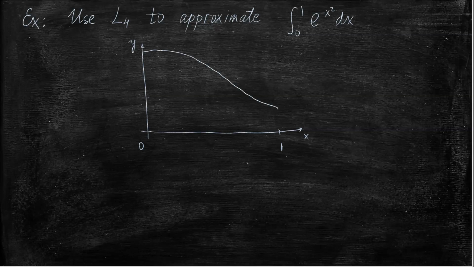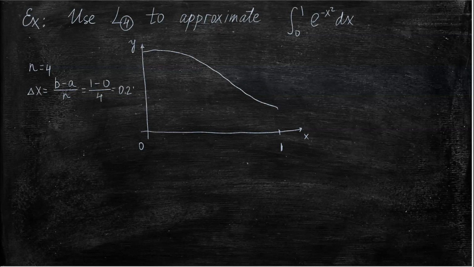Now, what does 4 represent? 4 represents the number of rectangles, so that's my n. When n equals 4, what is delta x equal to? According to the formula, it's (b minus a) over n. In our case, b is 1, a is 0, n is 4.